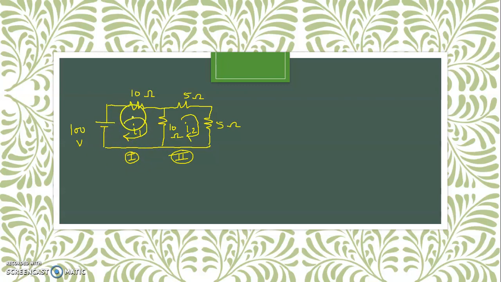Let us follow the first loop. In this particular loop, the elements present are, considering loop-wise, first loop: there is one resistance of 10 ohm, one voltage source of 100 volt, and this intermediate resistance of 10 ohm is connected.